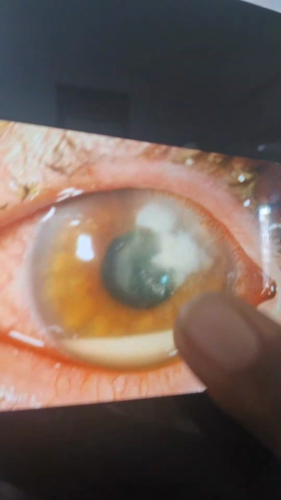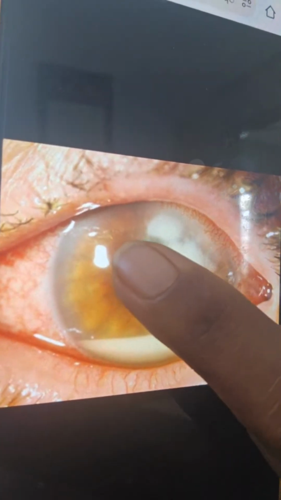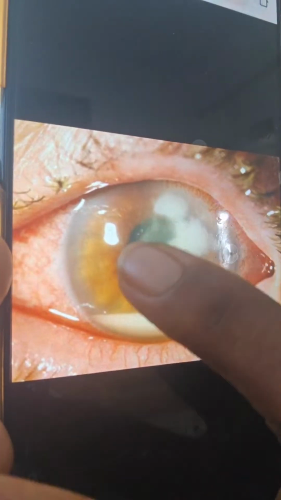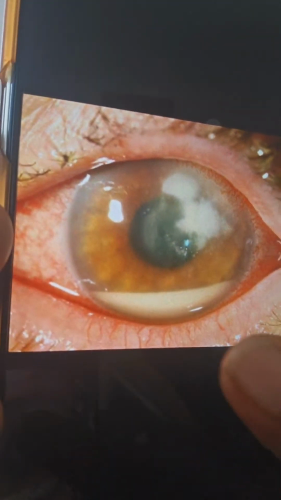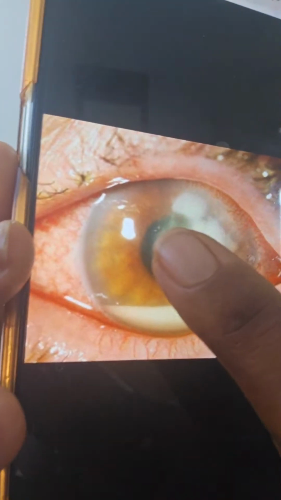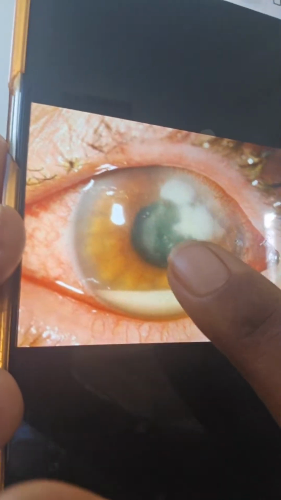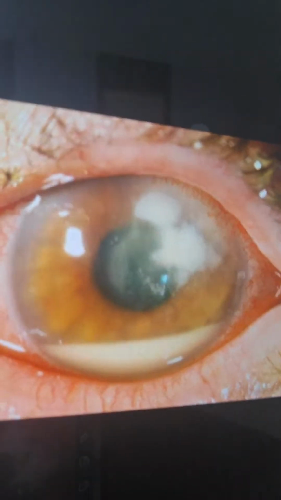Here is your main ulcer, and these are your feathery margins, which is a hallmark of fungal keratitis. So this is a typical aspergillus filamentous fungi keratitis. Here also you have a hypopyon. Can you see the feathery margins, all of you? Give me a thumbs up if you can appreciate the feathery margins. So this is a typical fungal keratitis, your aspergillus fumigatus keratitis.